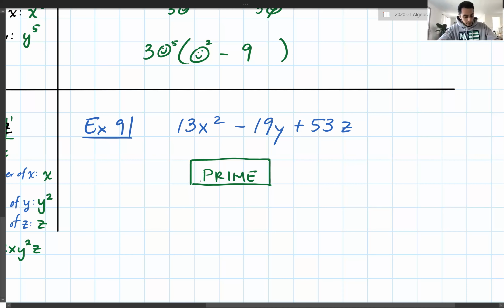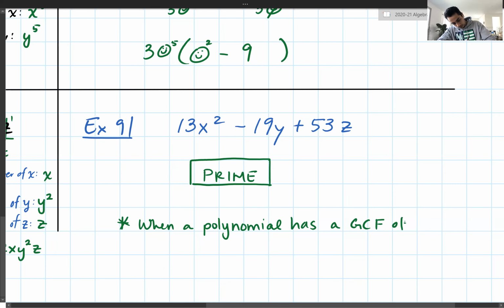So we call it prime, right? This is when a polynomial has a GCF of 1, where 1 is the only thing that divides all three terms, that's when we call it a prime polynomial.